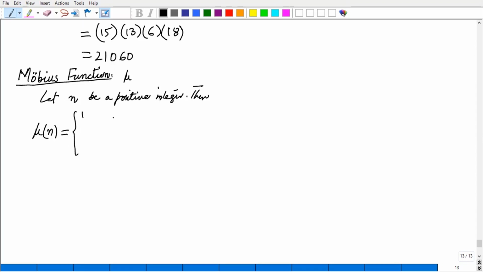This gives value 1 if n is 1. Value 0 if the square of any prime p divides n for some prime p.